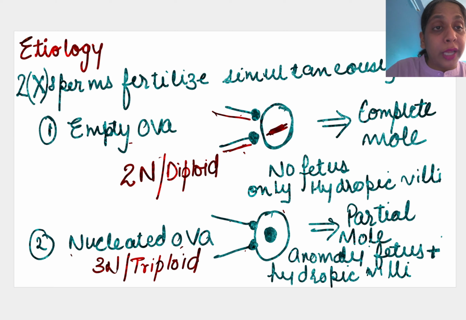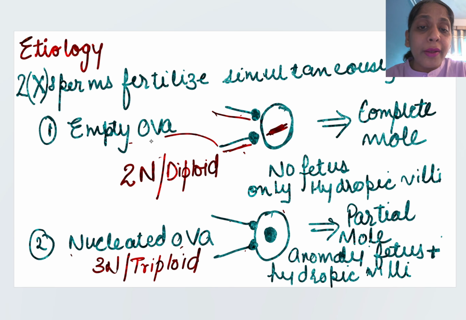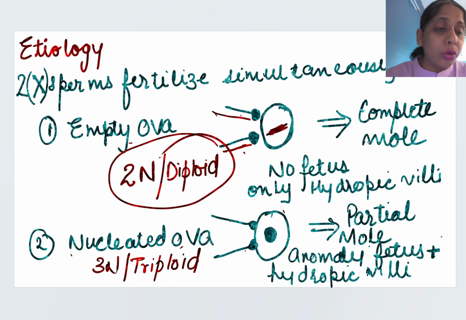What will the genotype be? Because the ovum was empty and two sperms fertilized, one sperm is n and the second sperm is n, so 2n. The ovum was empty, so 2n.